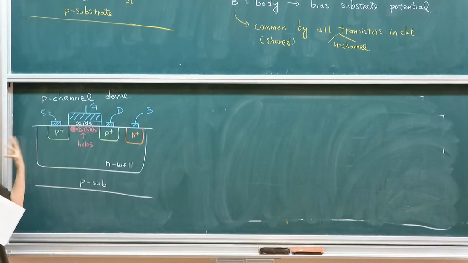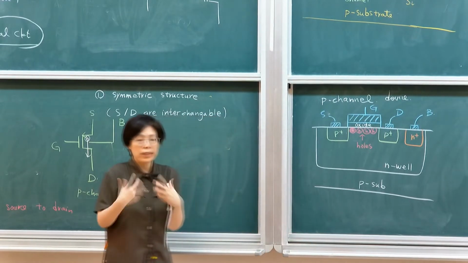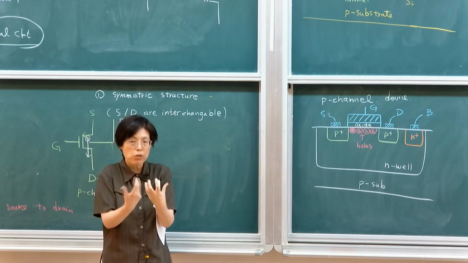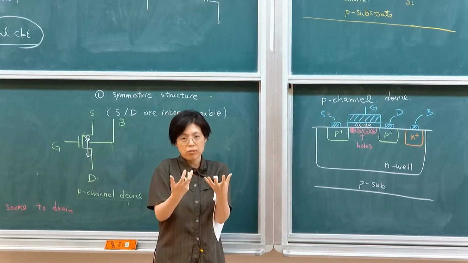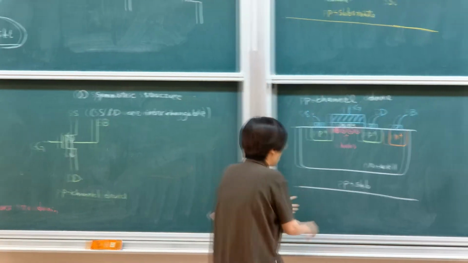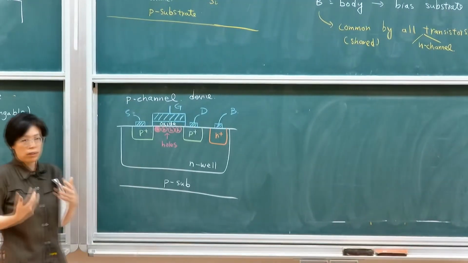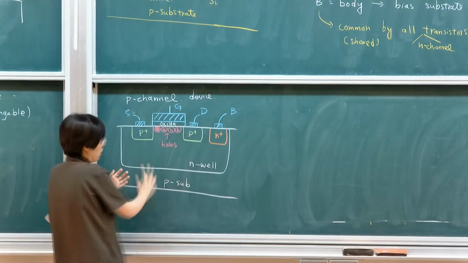The top is an NPN. Therefore, there's a parasitic BJT underneath this device. You want to disable this parasitic BJT to make sure that your MOSFET functions as shown. You want to see the channel effect rather than the underneath current. If you operate as a BJT, then there's an underneath current.